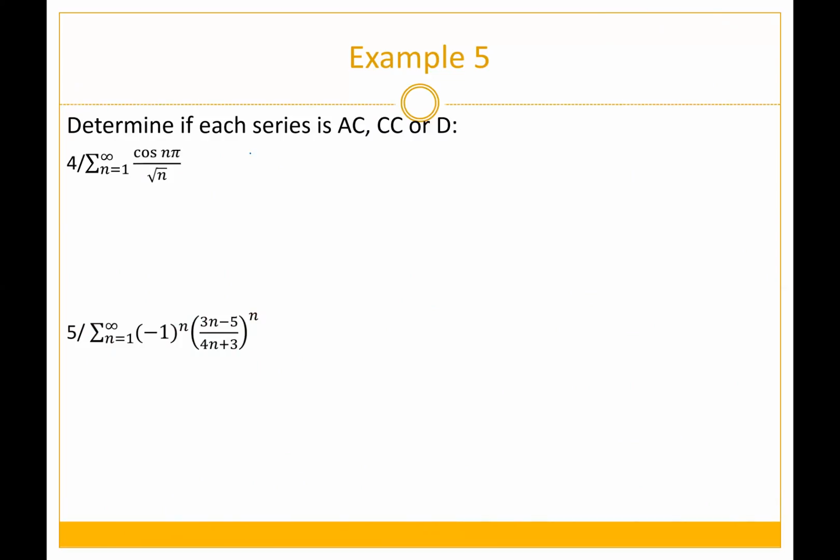So if you write down the terms, for n equal to 1, it's going to be negative 1 over square root of 1, and then 1 over square root of 2, negative 1 over square root of 3. So the series can be equal to the series of negative 1 to the n divided by square root of n. So this one is going to be convergent by alternating series test, but this one itself, as you see, is an alternating series.